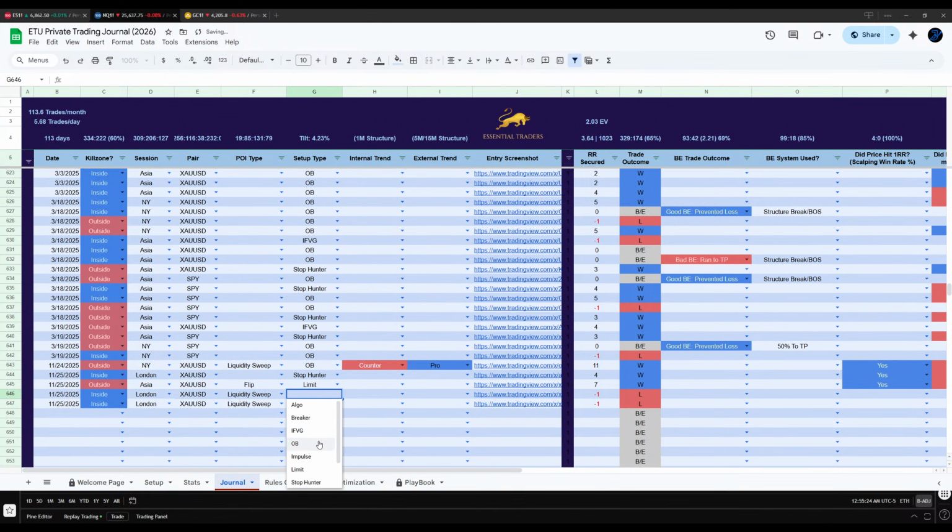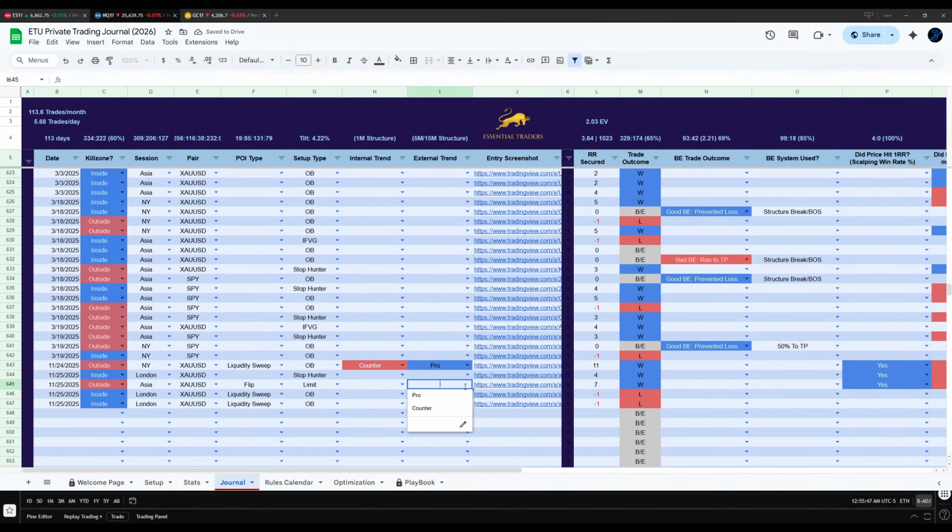Liquidity sweep. What was this? First one was OB entry model. Second one was. Both were OB entry models.